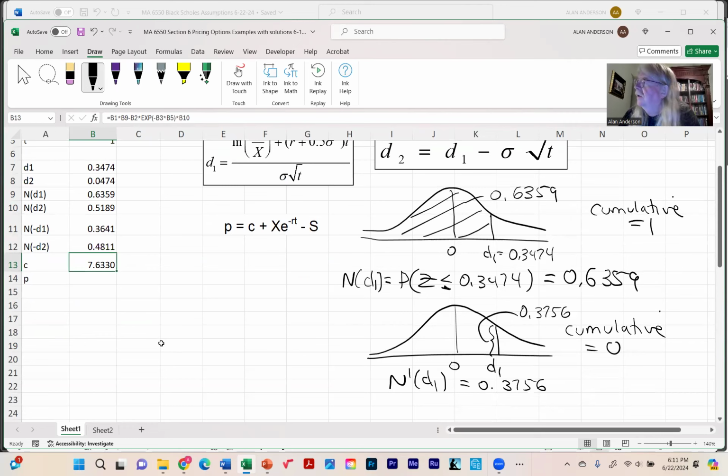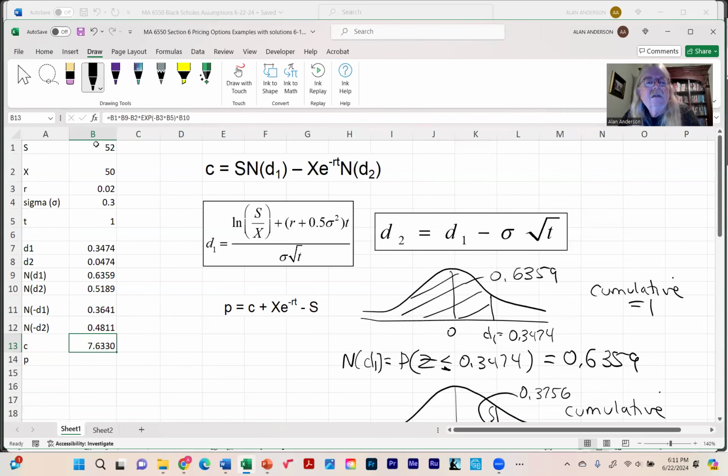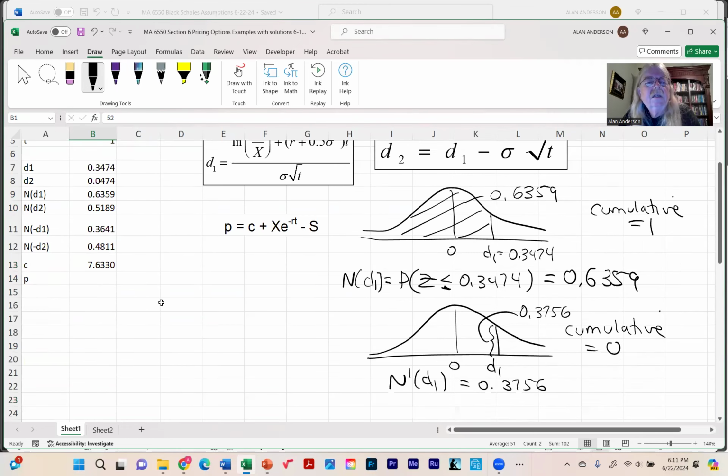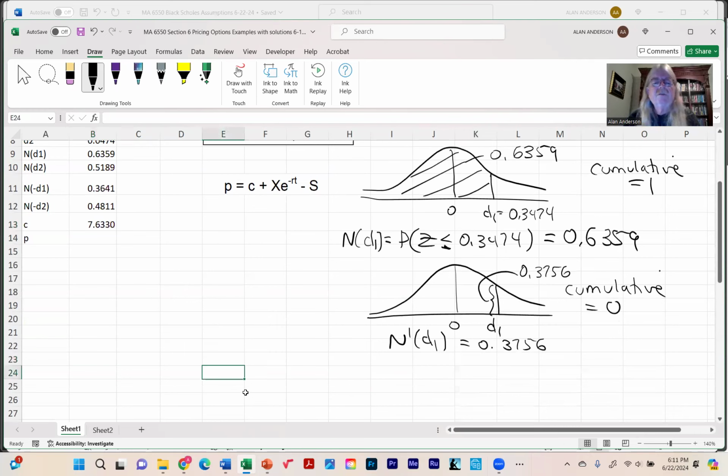Now, here's an interesting note. Look up here. The intrinsic value of this call option is S minus X. In other words, if this was an American option and I exercised it right now, I would get a payoff of $2.